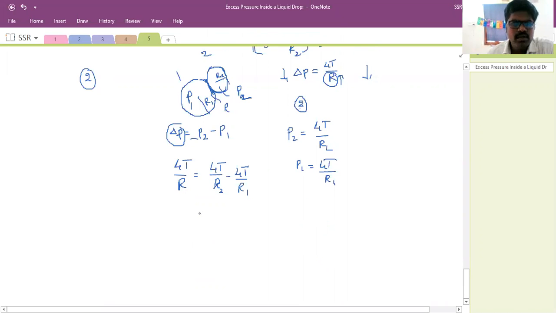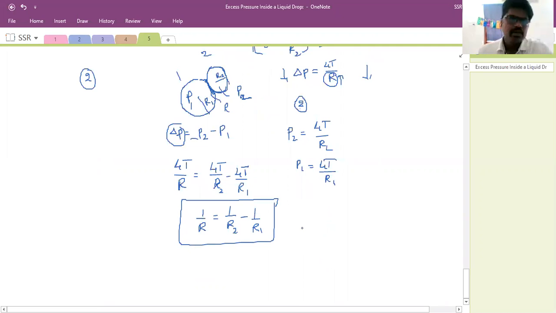Then 4T is common, so you can write 1 by R is equal to 1 by R2 minus 1 by R1. So from this you can calculate the radius of the interface of the two interconnected soap bubbles by using the excess pressure phenomena. Are you clear on this application?